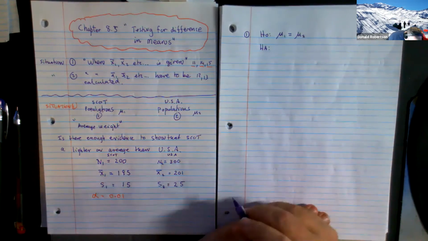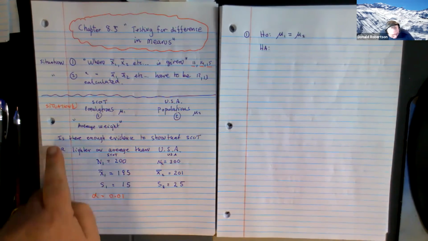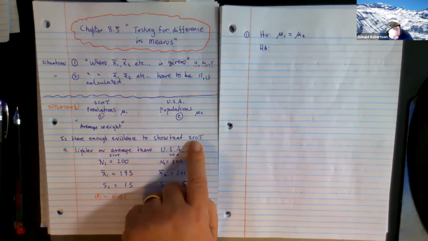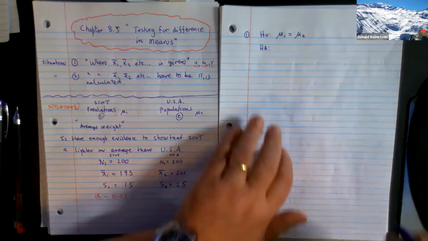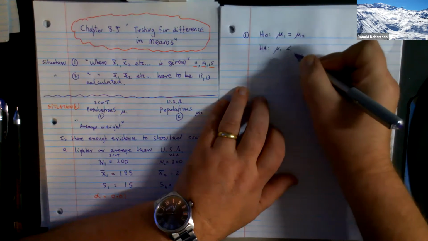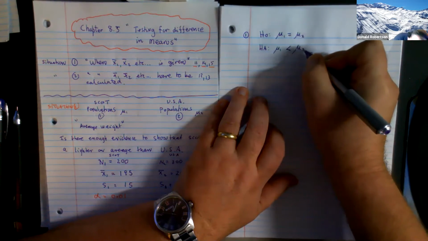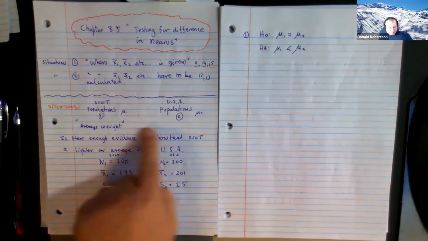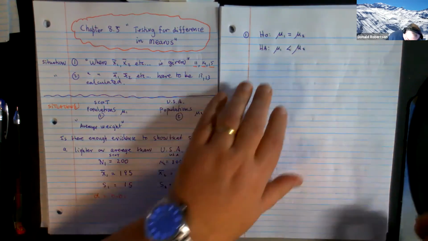And the alternate hypothesis will depend on what's being asked to be proven here. So you're being asked to prove that the Scots are lighter than the Americans. So µ1 is the average Scotsman, and he's less than the average weight of an American. And that would be an example of the hypothesis test that matches this story.